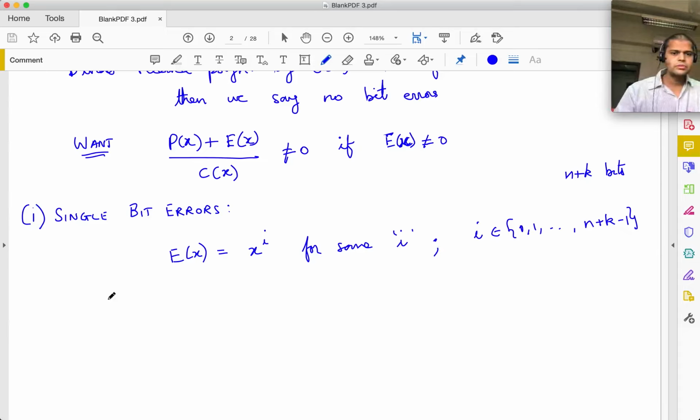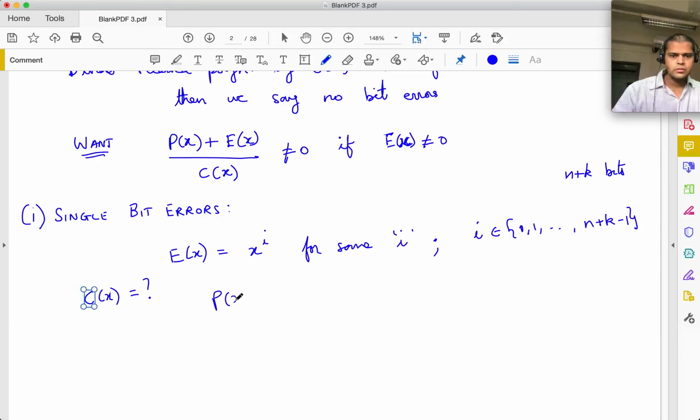So how do we choose C of x? We have to choose C of x so that when I divide, I shouldn't get 0 for this type of error. So what should C of x be?